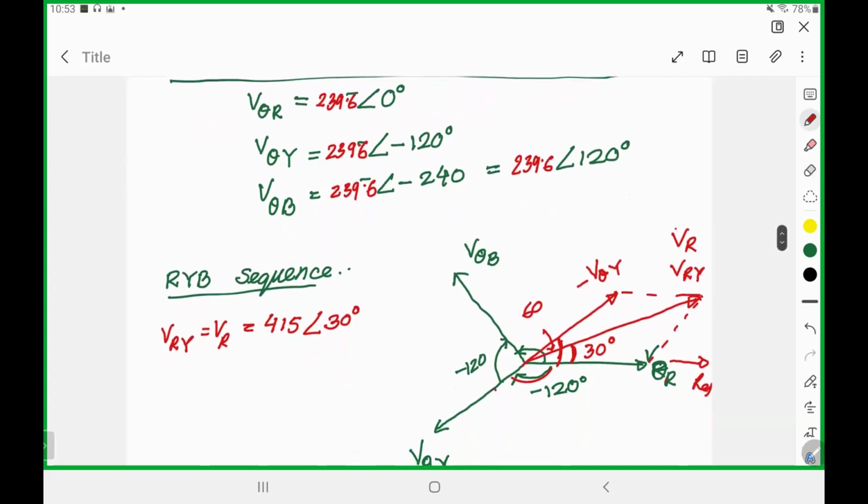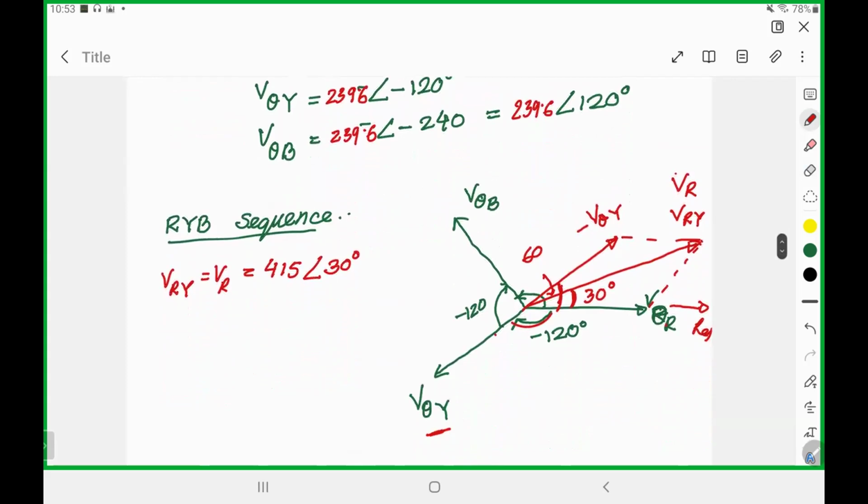Then from the phase, we have derived the line voltage, and the line voltage is already given as 415. And we know that the magnitude relation between the line voltage and the phase voltage is a factor of square root of 3. So the line voltage will always be square root of 3 times higher than the phase voltage.